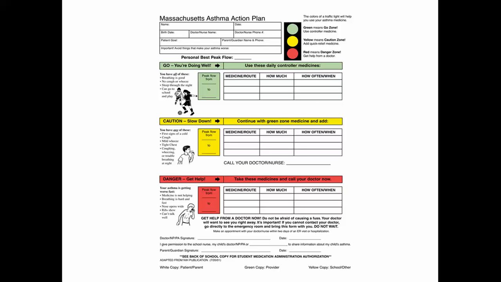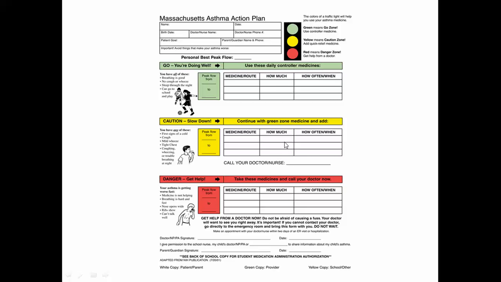They need to definitely notify the practitioner if their peak expiratory flow rate does not return to the yellow zone or the green zone, or they stay in the yellow zone or the red zone. Most likely they will end up having to go to the emergency department if they're in the red zone, or if they're in the yellow zone and not going back up to the green zone.